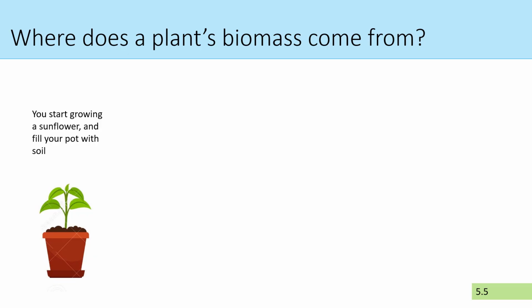Now that we have the basics of energy and energy transformations down, let's talk about plants. First, we want to think about where the biomass of a plant comes from. So imagine you start growing a sunflower. You fill your pot with soil, plant your seed, and add a little water.